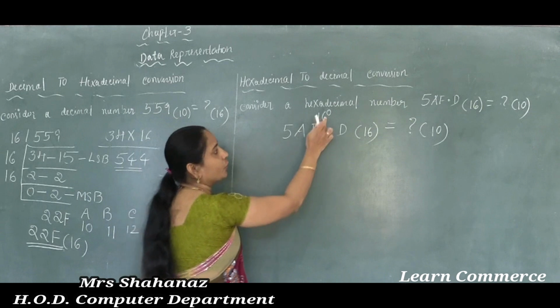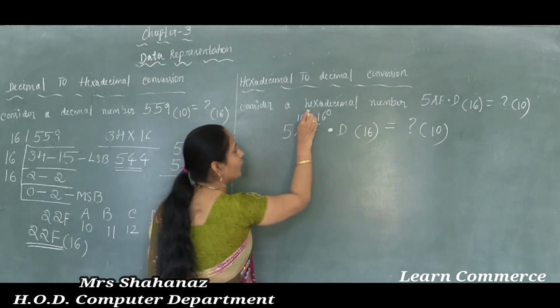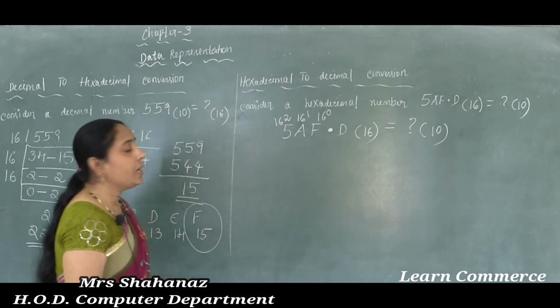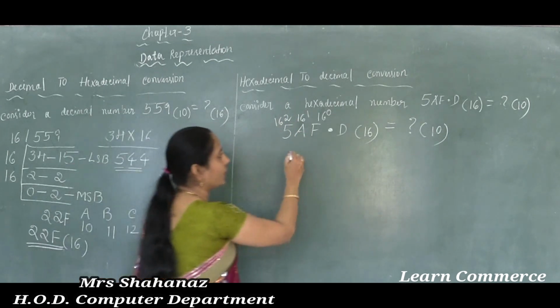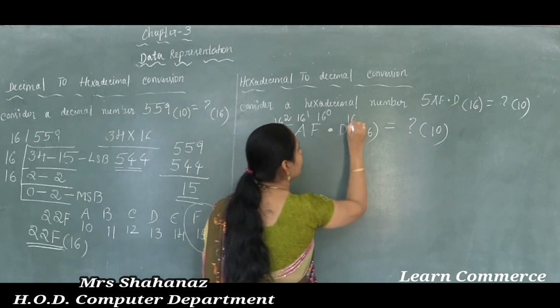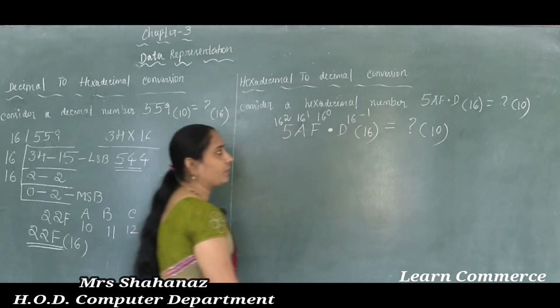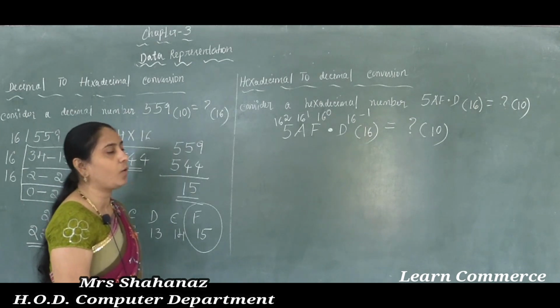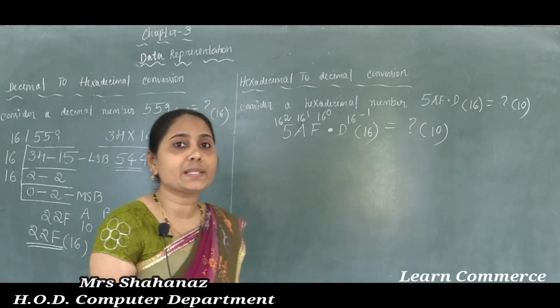So 16 to the power of 0, 16 to the power of 1, 16 to the power of 2. Clear this point here? 16 to the power of 2 here, and after the fractional point, 16 to the power of minus 1. After that no other values are there. Now, using these values, I am going to make the representation.